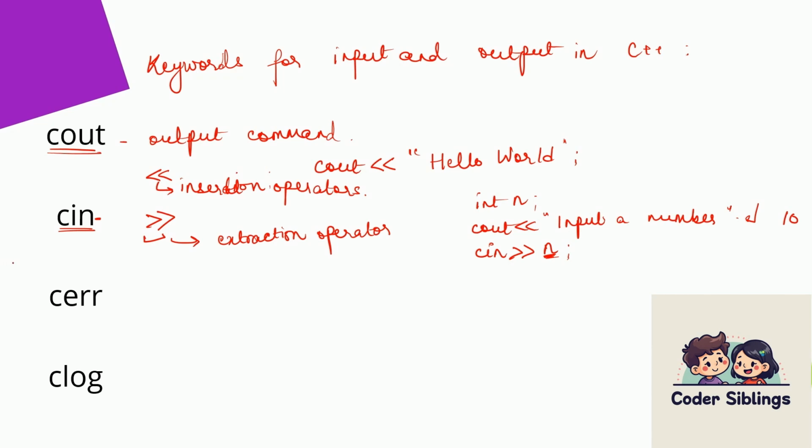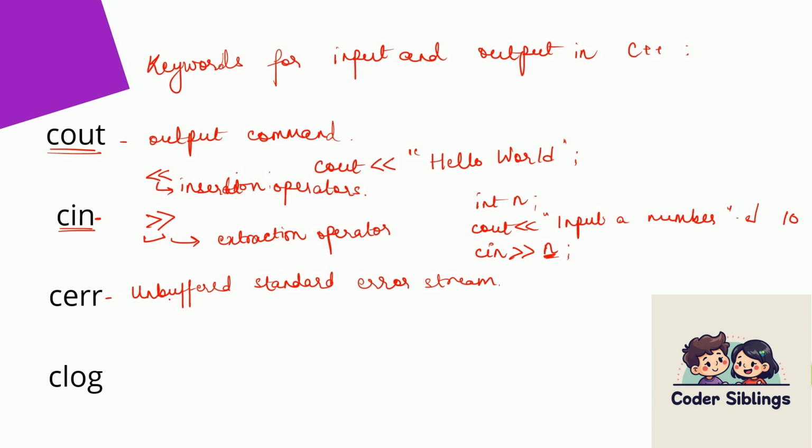Moving on to cerr command. Cerr is unbuffered standard error stream, right? Cin was standard input stream, cout was standard output stream, cerr is standard error stream but which is unbuffered, right?